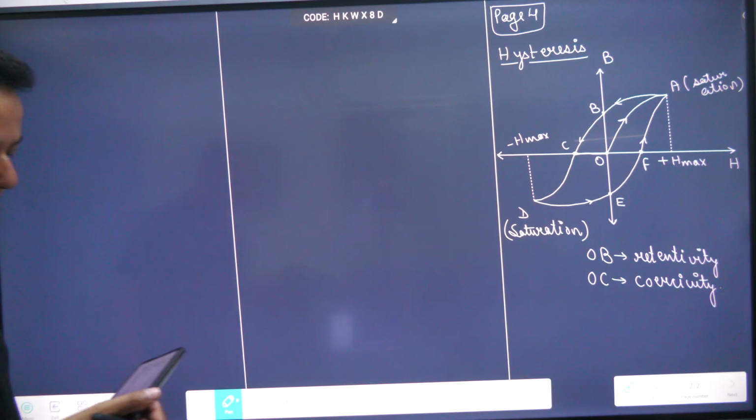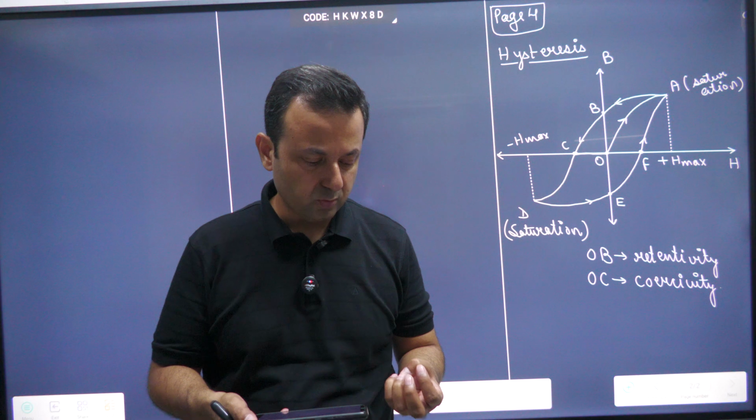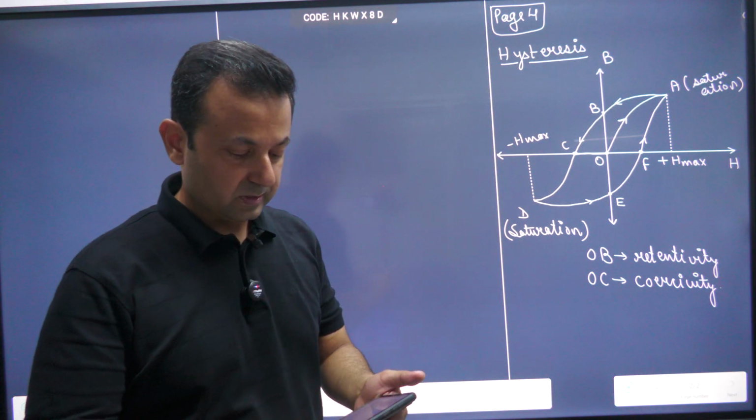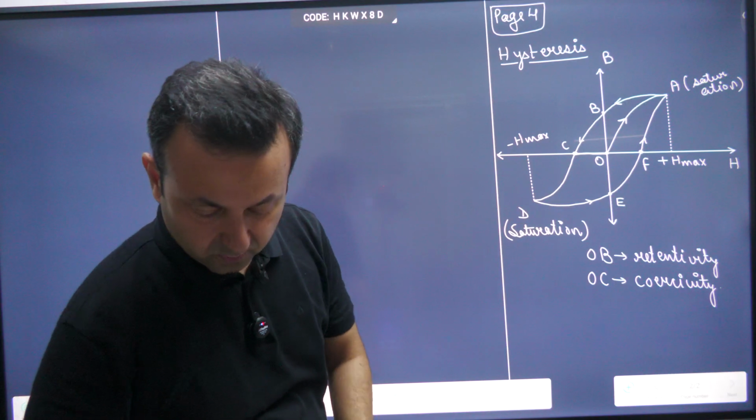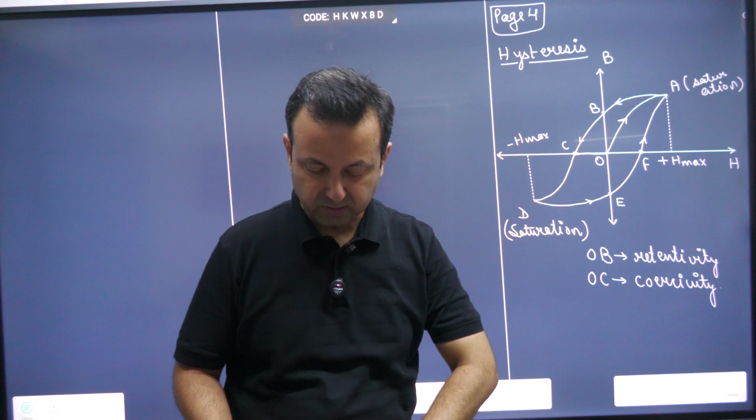The area within the BH loop represents the energy dissipated per unit volume in the material when it is carried through a cycle of magnetization.